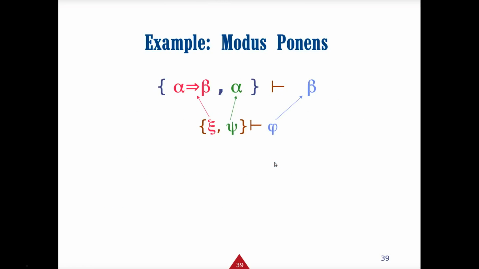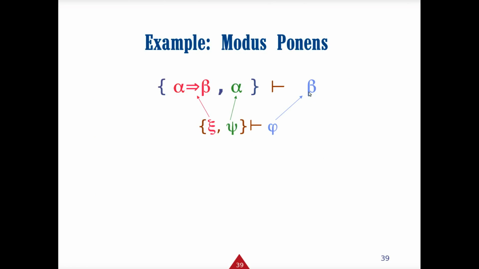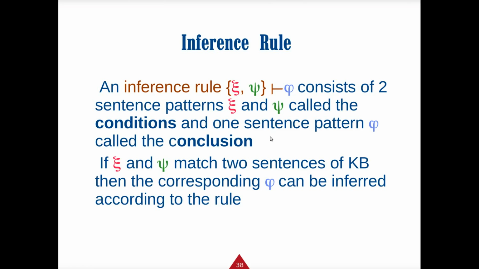For example, if you have these arbitrary sentences, if alpha then beta, and alpha, infers beta, then you can replace the first with the gamma symbol, the second with a psi symbol, and beta with a phi symbol, and this would mean these sentences infer the other sentence according to these rules.